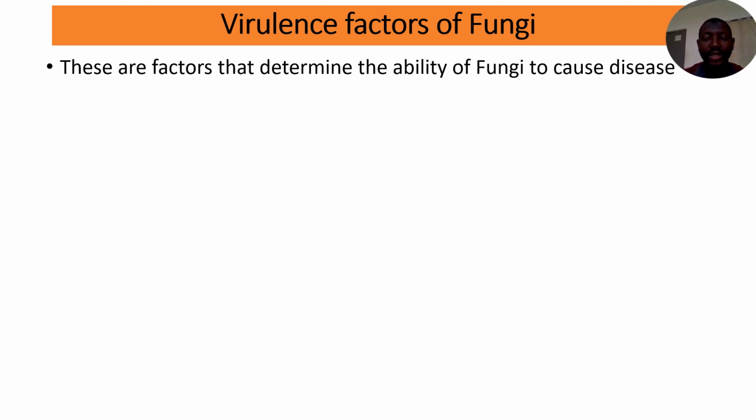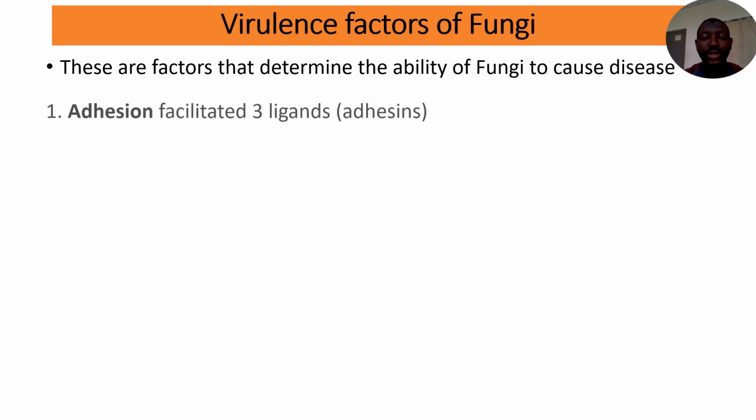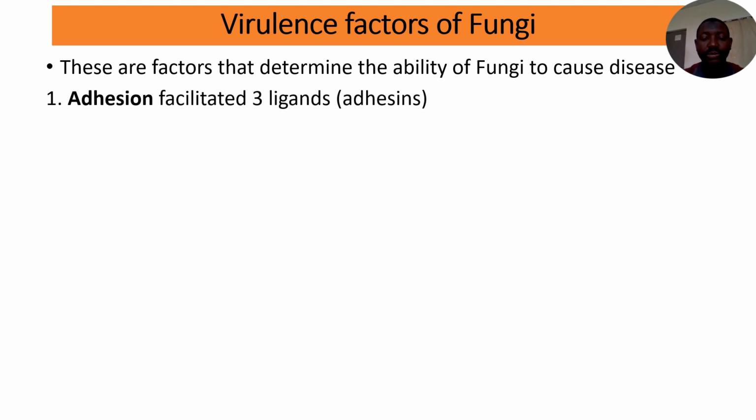Now, the first important virulence factor used by fungi is adhesion. Adhesion is defined as the ability of the pathogen to attach themselves to specific receptors on the host cells.